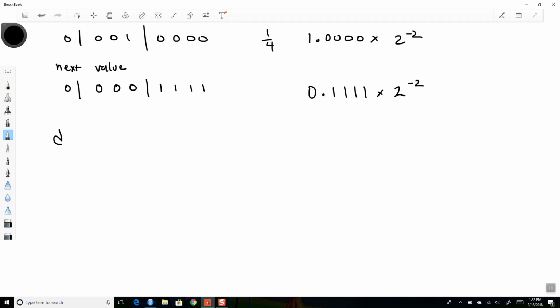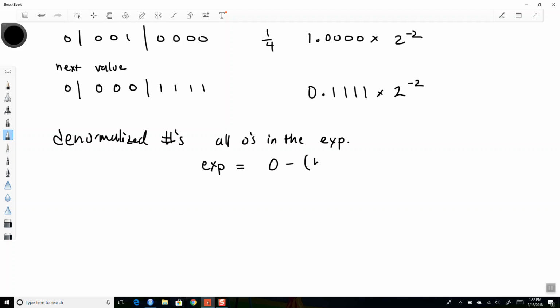So the rule is, for denormalized numbers, you have all zeros in the exponent, but now the exponent is going to be equal to 0 minus 1 less than the bias.